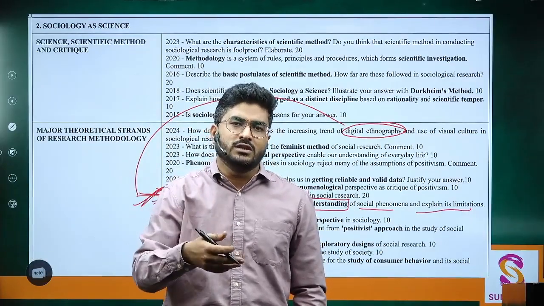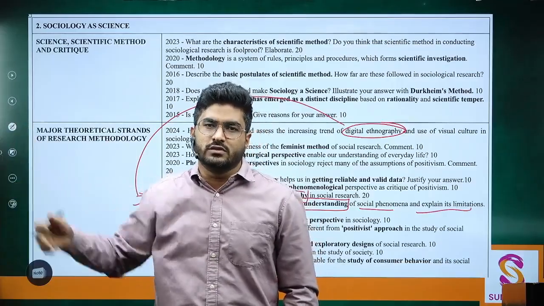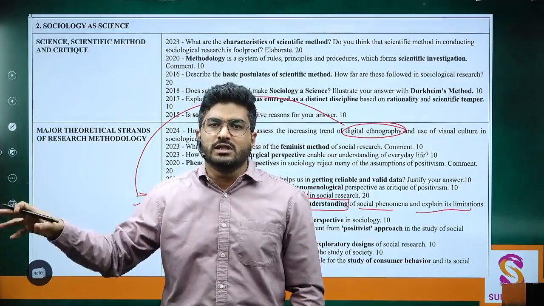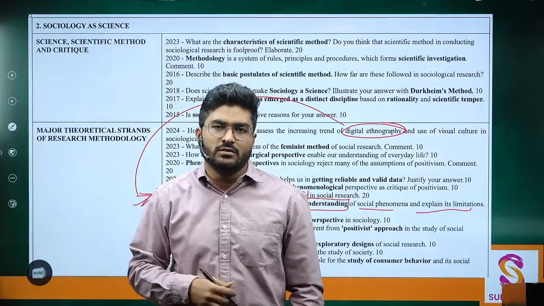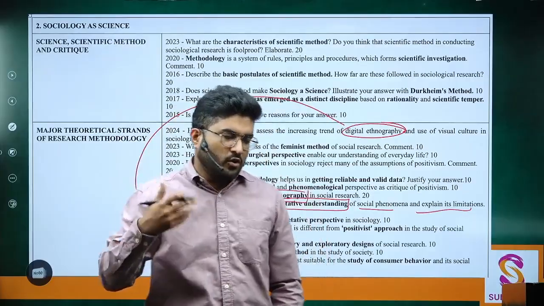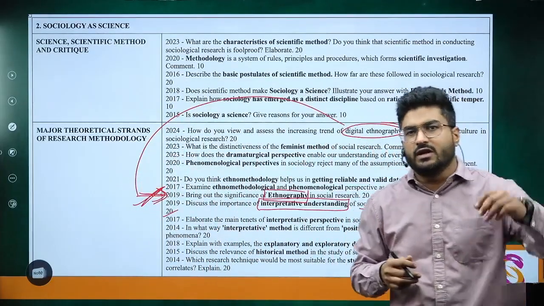What is social action? The action where two or more individuals interact with each other in a social setting with some objective, with some goal. That is the basic meaning when we talk about Max Weber and his interpretative understanding.